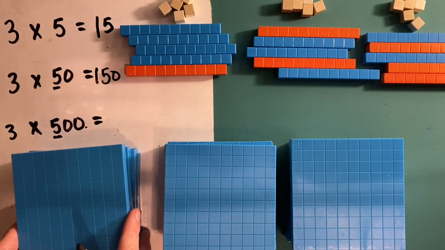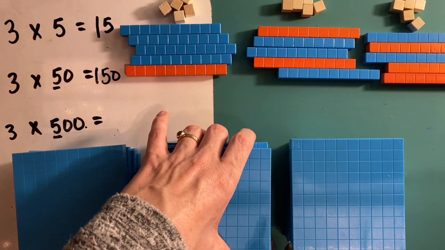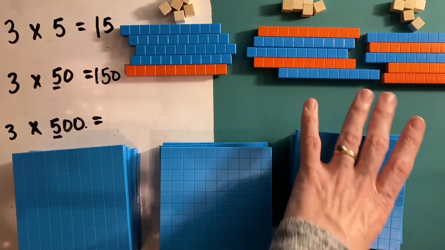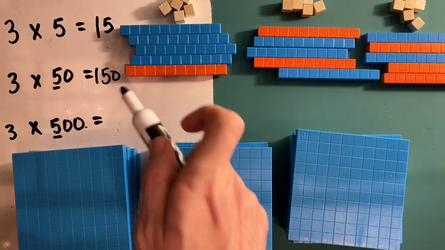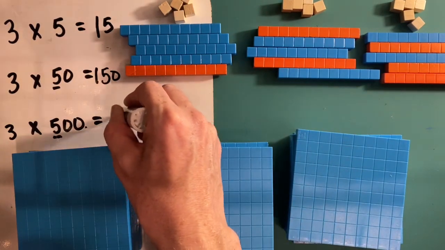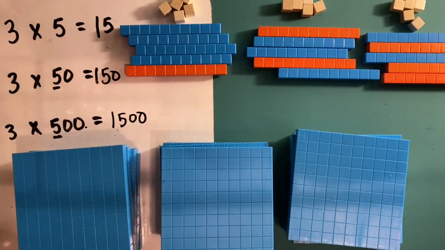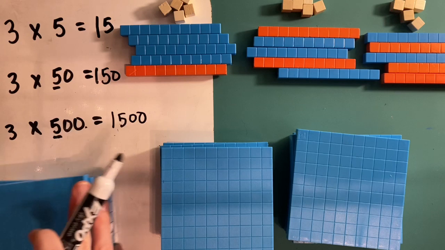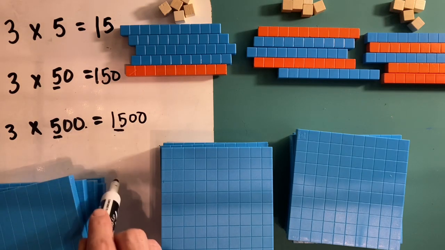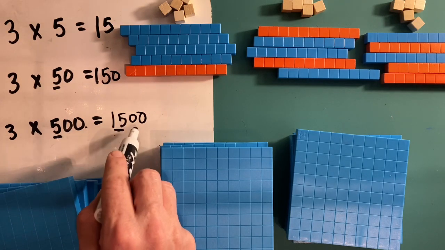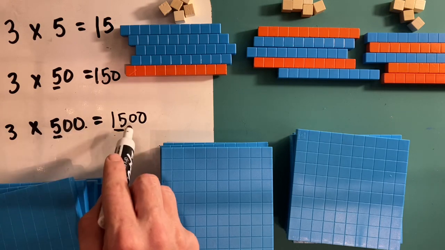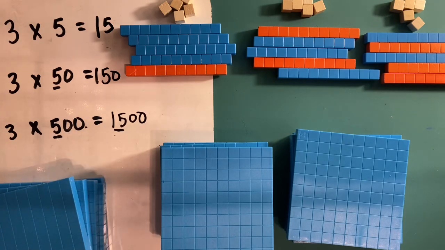Which is 500, plus 500 more is 1,000, plus 500 more is 1,500. I have my 2 zeros at the end, 2 zeros at the end.